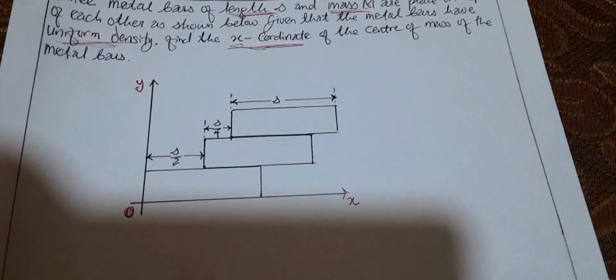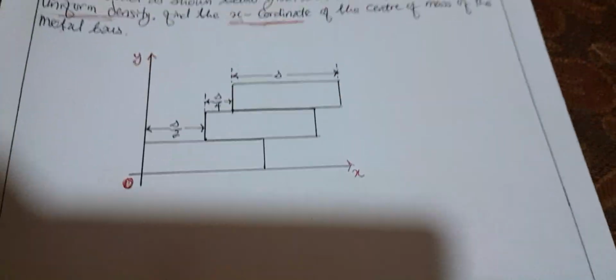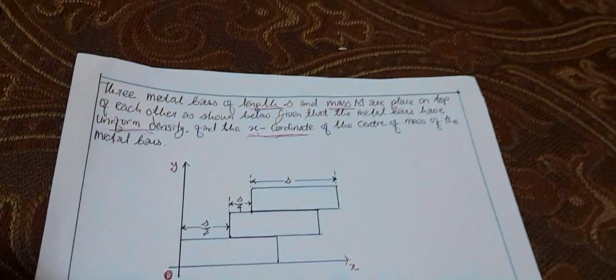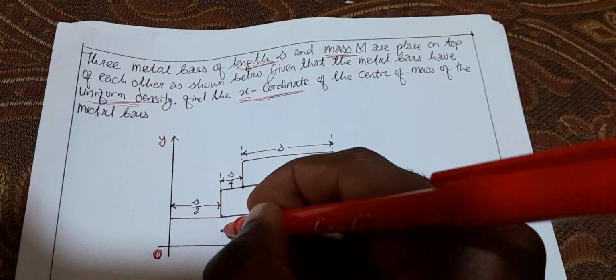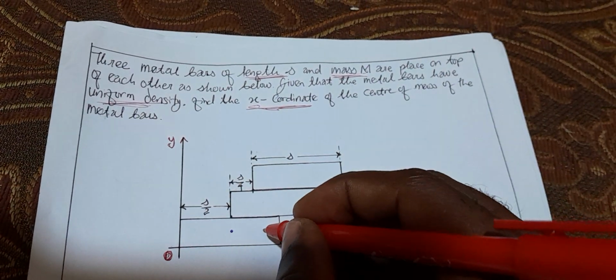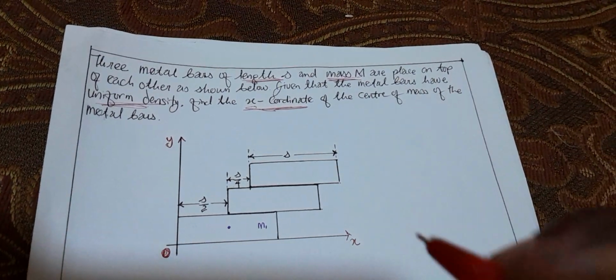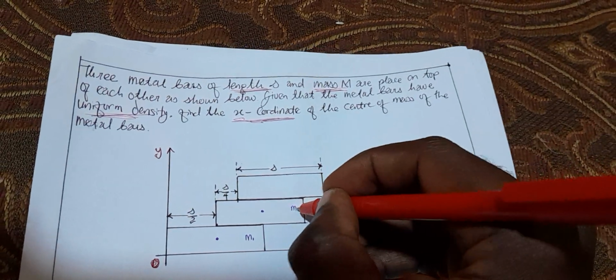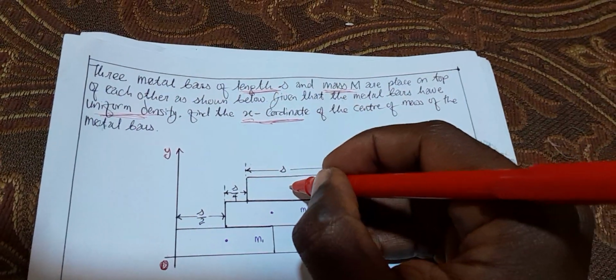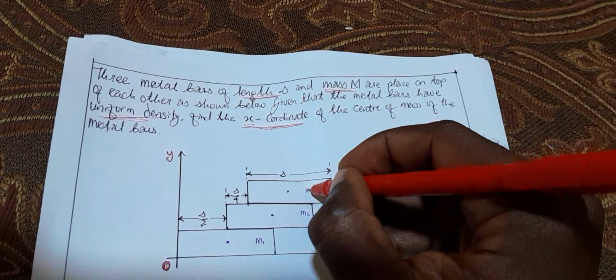Since we're looking for the center of mass, I want us to take note of this point. We assume this is the center of mass 1, this is the center of mass 2, and let's say this is the center of mass 3.